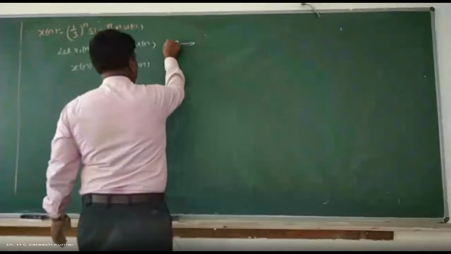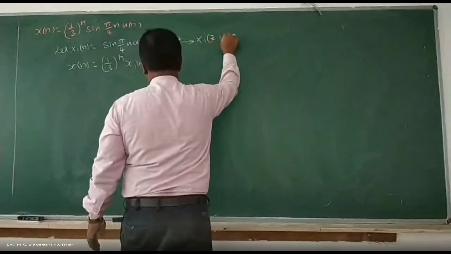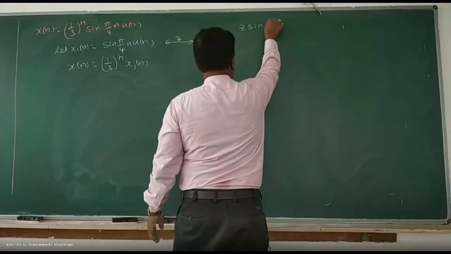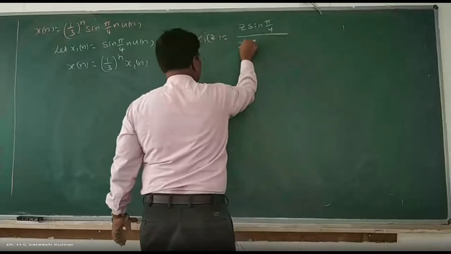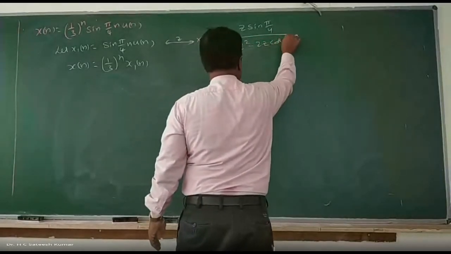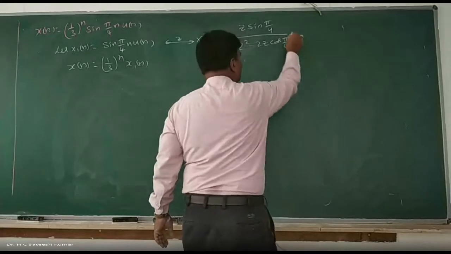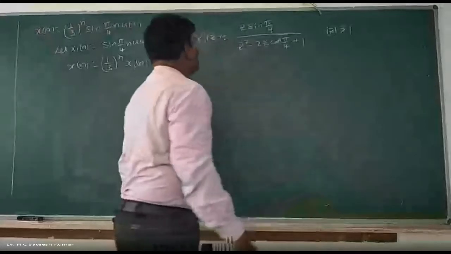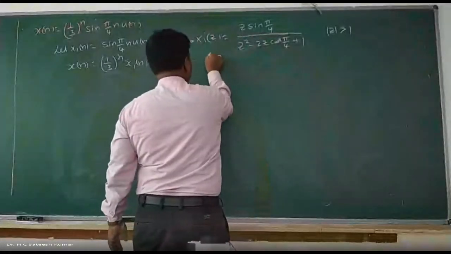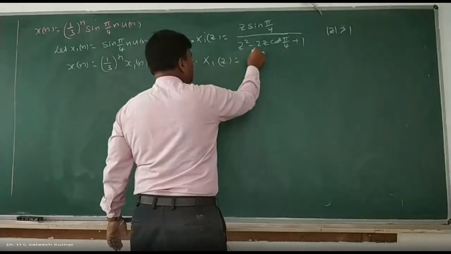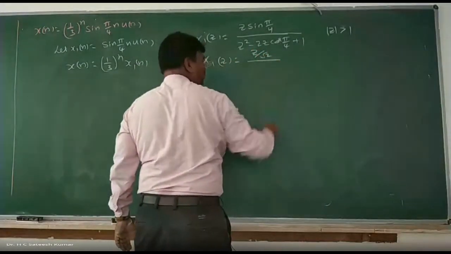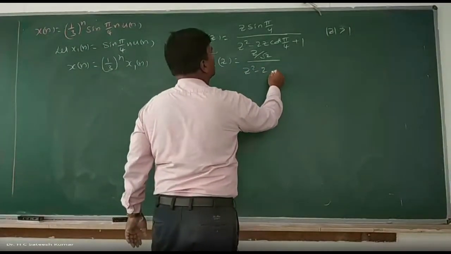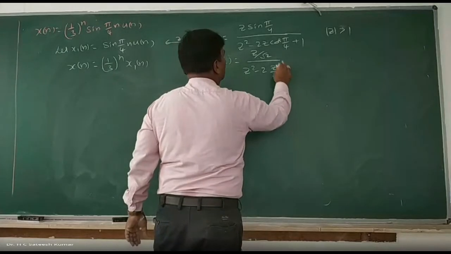The z transformation of x1 of n, X1(z), is equal to sin(pi/4) z divided by z square minus 2z cos(pi/4) plus 1, with ROC mod z greater than 1. Sin pi by 4 is 1 by root 2, sin 45. So this can be simplified as z by root 2 divided by z square minus 2 into z by root 2 plus 1, since cos pi by 4 is also 1 by root 2.